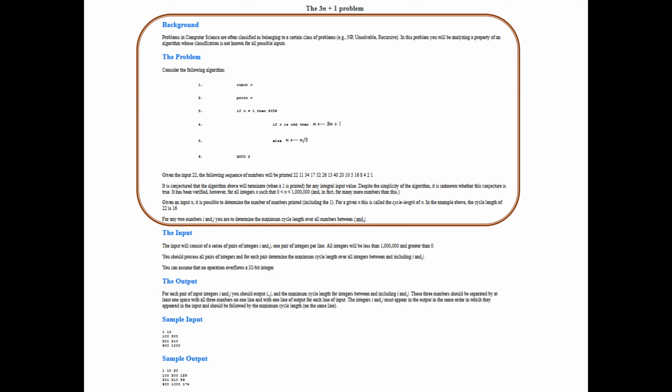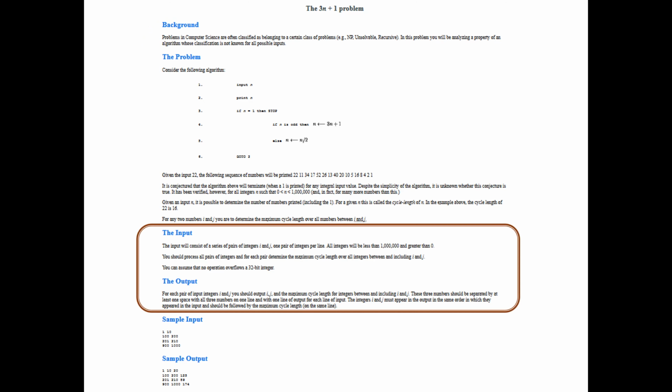So the background and the problem describe what should be done and give you the information you need in order to understand what the problem really is. And then there's the exact specification of exactly what is the input and exactly what is the output. And here, you should really keep in mind that you should do exactly what it says. It's very important.